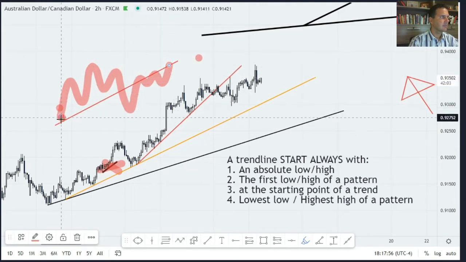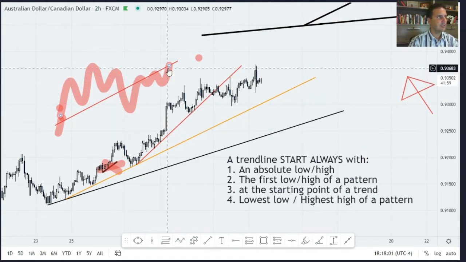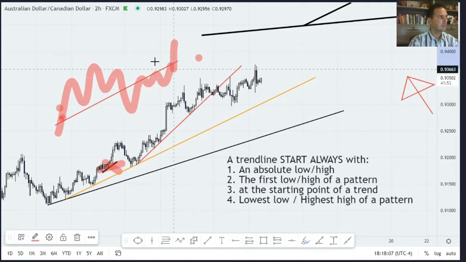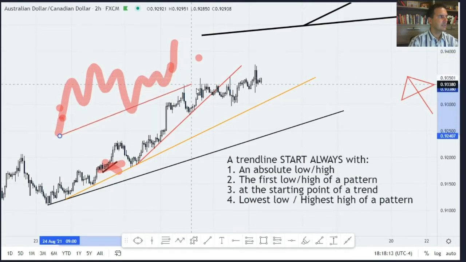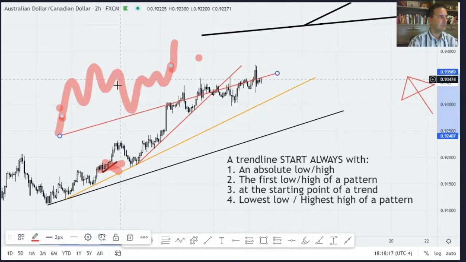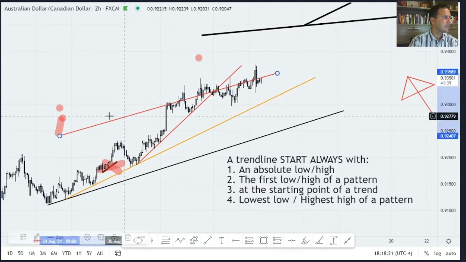It's not okay because this trend line is not conforming the uptrend. So I should readjust now, right? Now it's conforming the trend. So let me delete this one, delete this one, delete this one.